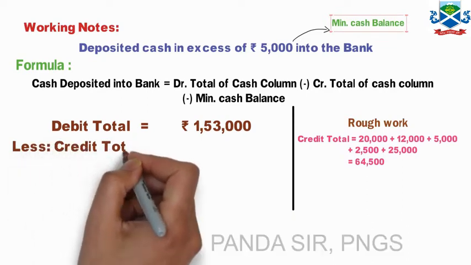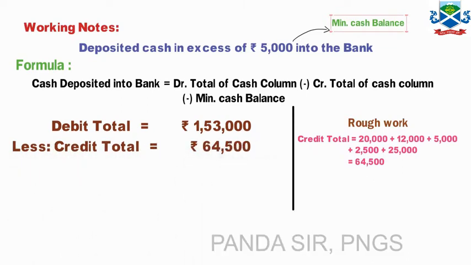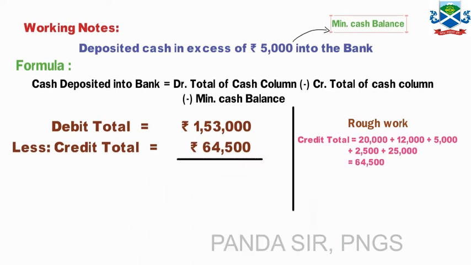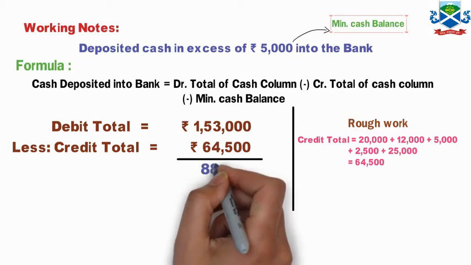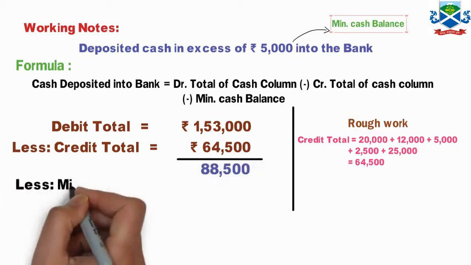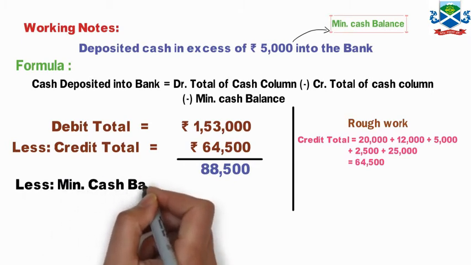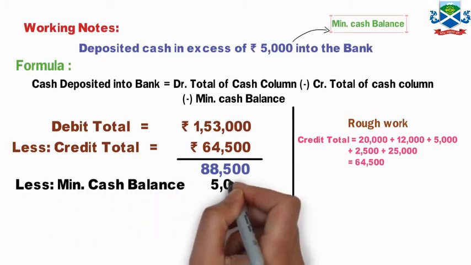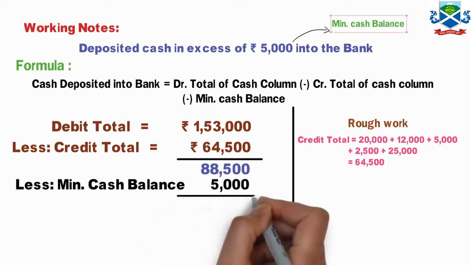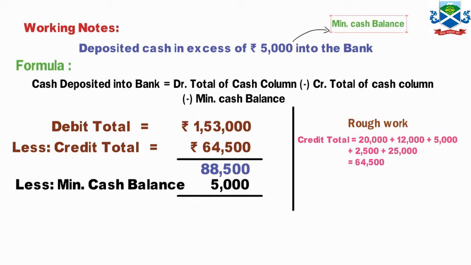So minus the credit total, we'll minus 64,500, and we'll get the figure 88,500. From here we'll minus the minimum cash balance required for the business, that is 5,000. So 83,500 will be the contra entry, depositing cash into the bank.